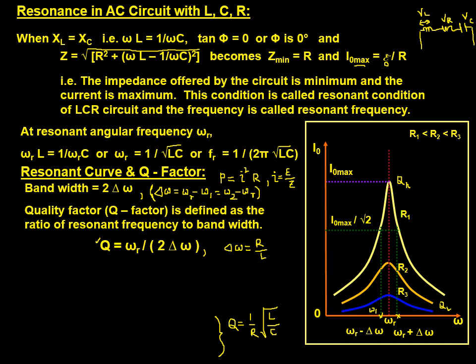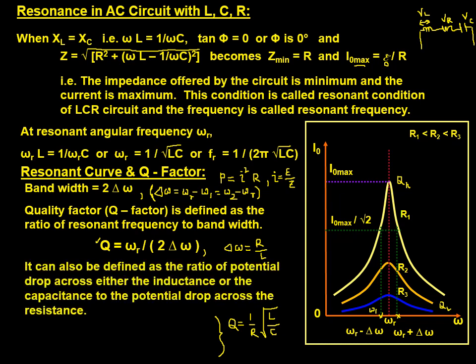In case XC is equal to 0, it is called LR circuit. But remember that they do not produce any resonance. So by solving, you can get Q is equal to VL by VR at resonance, or you can write Q is equal to 1 by R root over L over C. That is the expression for Q factor.